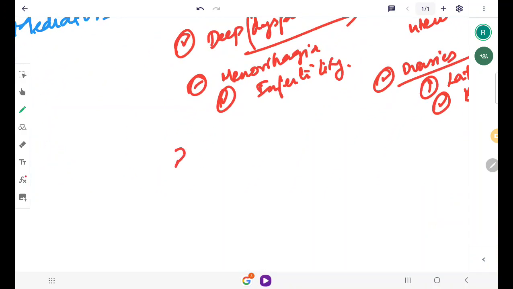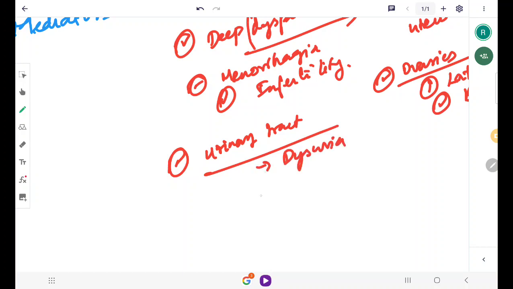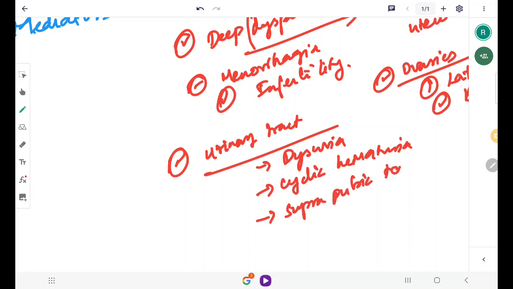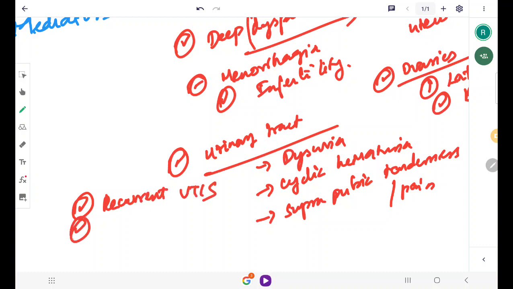If the endometrial tissue grows in the urinary tract, it causes dysuria, cyclic hematuria, and suprapubic tenderness or pain, because of which the patient has recurrent urinary tract infections and urinary incontinence.